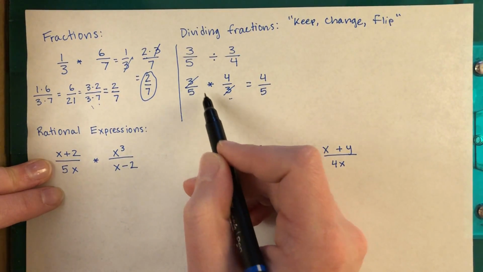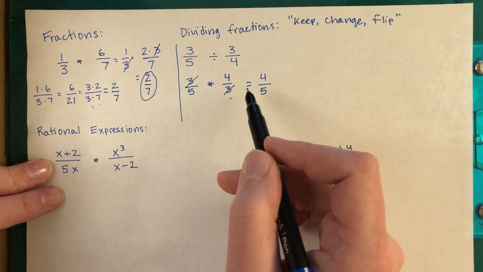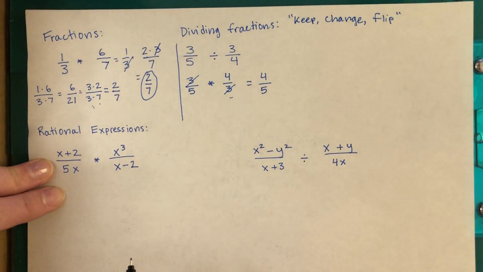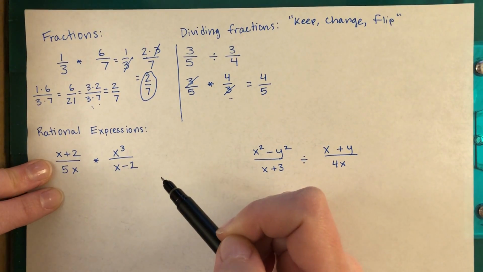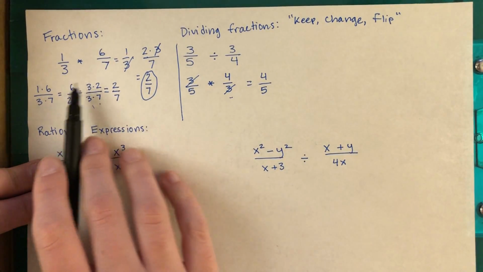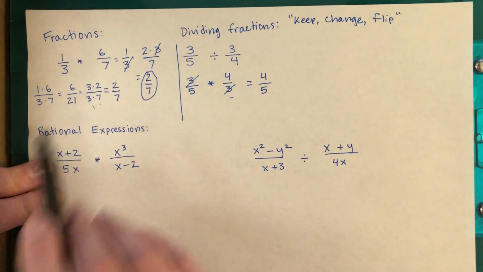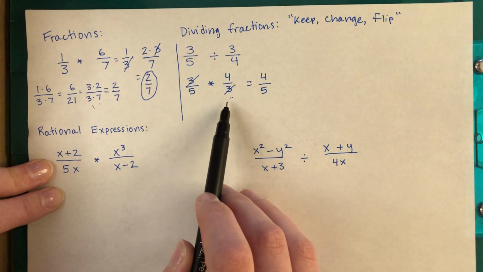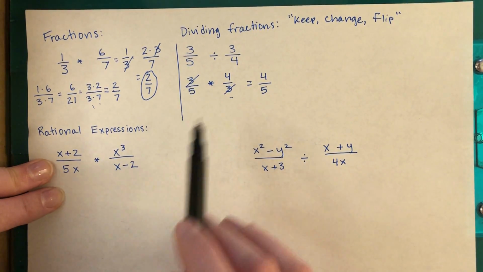Whatever's left, if there's something that is left over after you have a match, you would still multiply that. Just like we did the 1 times 2 here, once we got rid of the 3 that was a matching part of the 6. So multiplying, look for any matches, and then multiply across. Dividing, first you need to keep, change, flip, and then look for matches and multiply across.